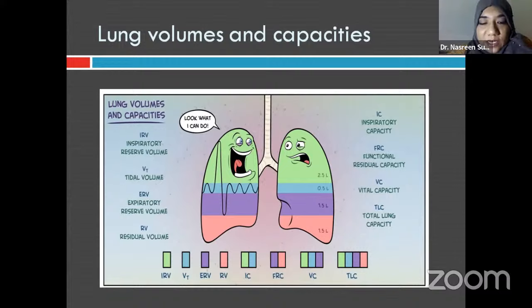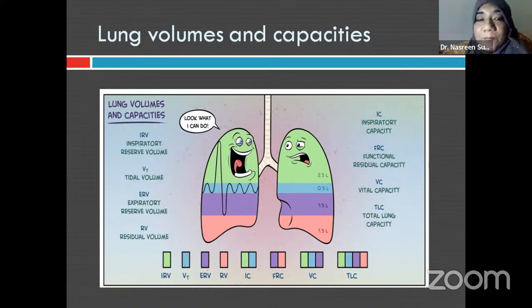You can see here this green colored one, it is IRV. Next is tidal volume. This light blue color is tidal volume. Tidal volume means during normal respiration, how much amount of air is coming inside and going outside. ERV, expiratory reserve volume: during deep breathing, when there is forceful expiration, how much amount of air is going outside?